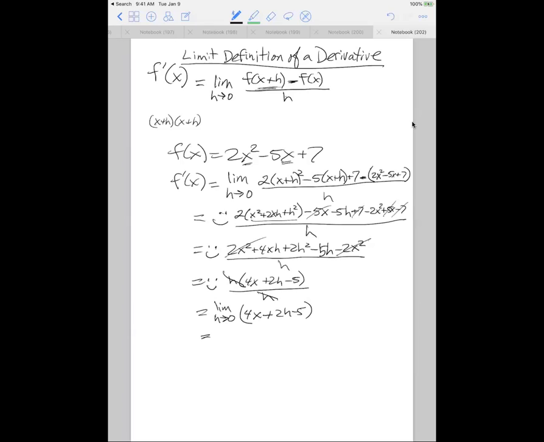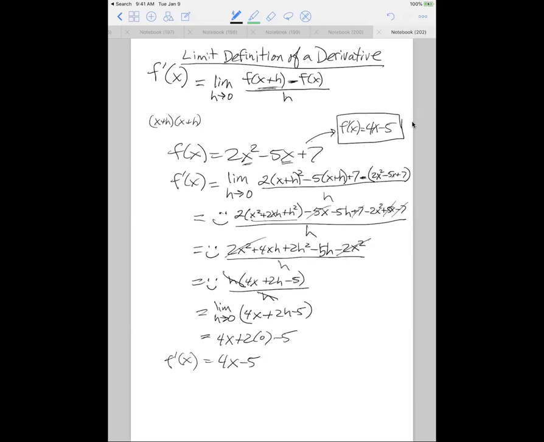So I've got 4x plus 2 times 0 minus 5, which is 4x minus 5. And it would be wise for you to check from the very beginning and just make sure that you see that f prime of x is going to be 4x minus 5. That can be a good starting point to make sure you don't make a mistake along the way. But that is the final solution of the situation.